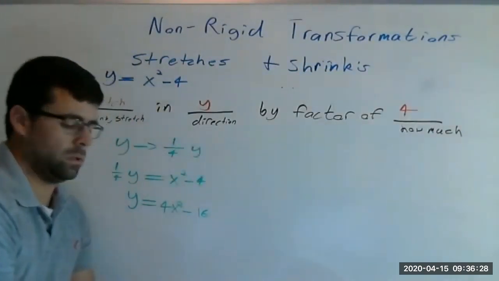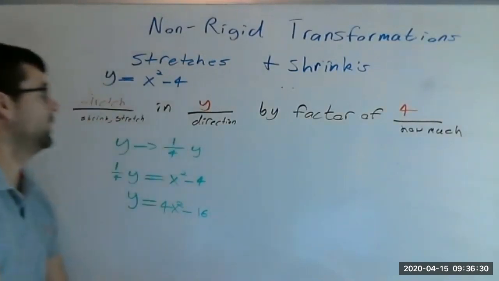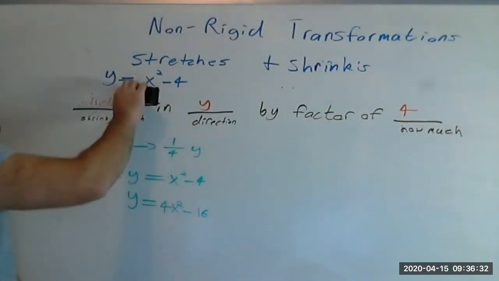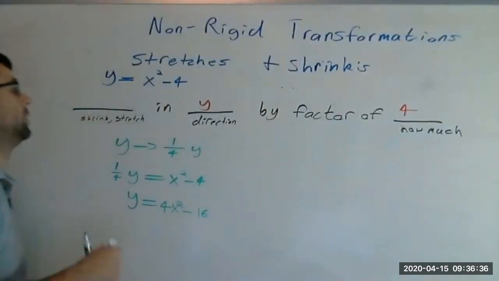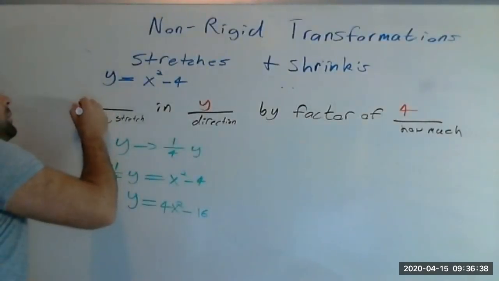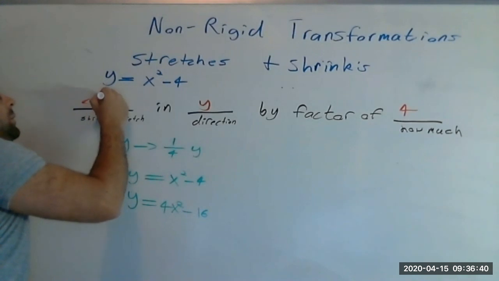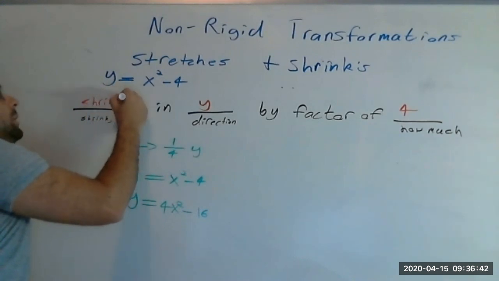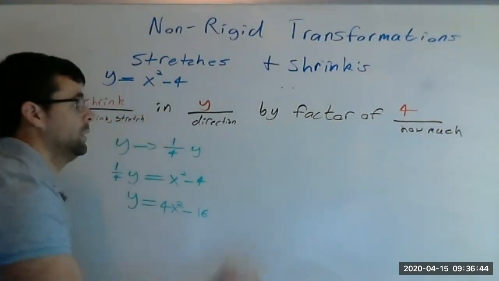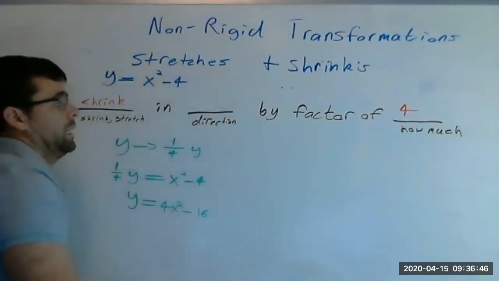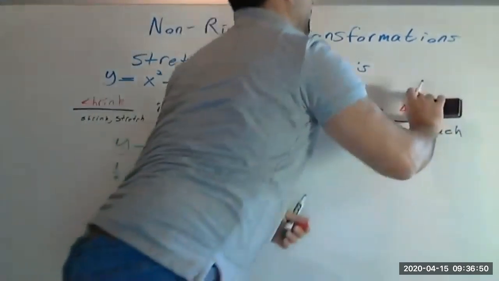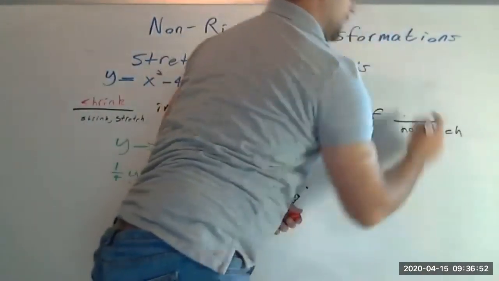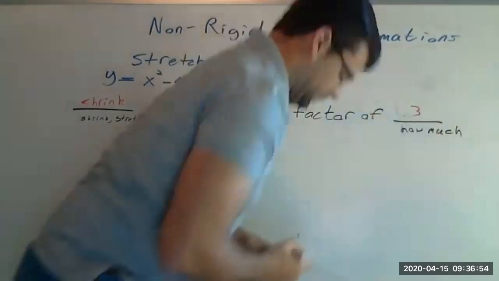So let's do an opposite one just to see. So we're going to do a shrink in x, and let's say by a factor of 3.